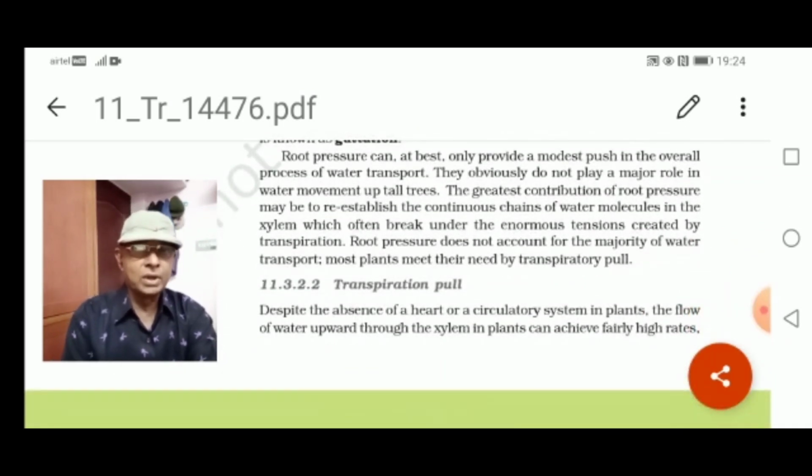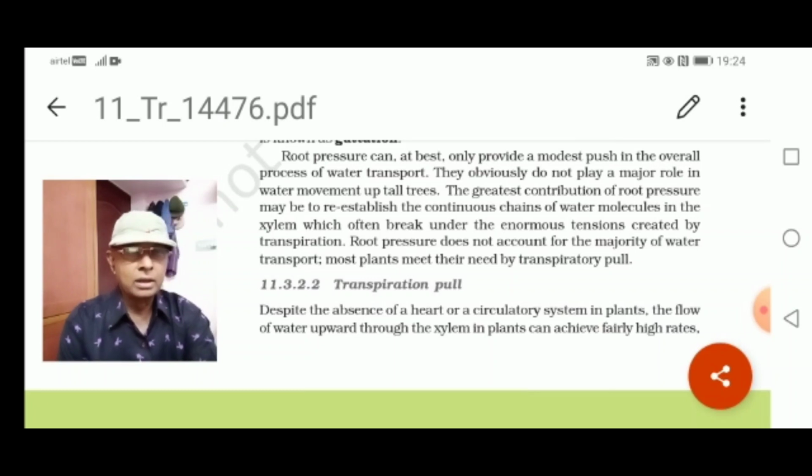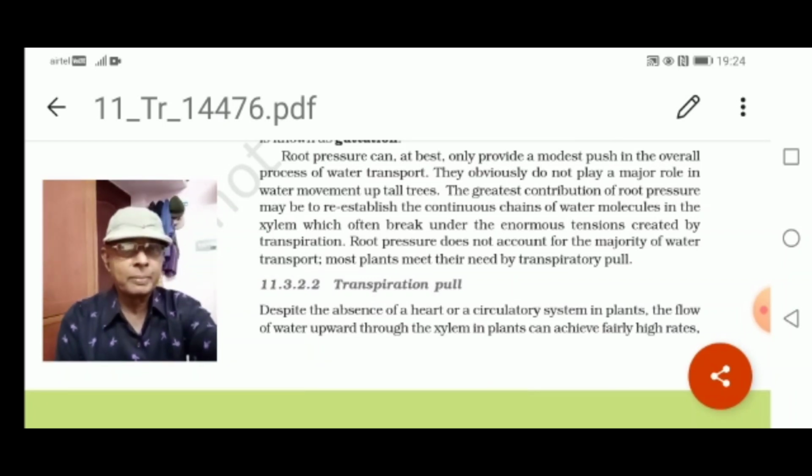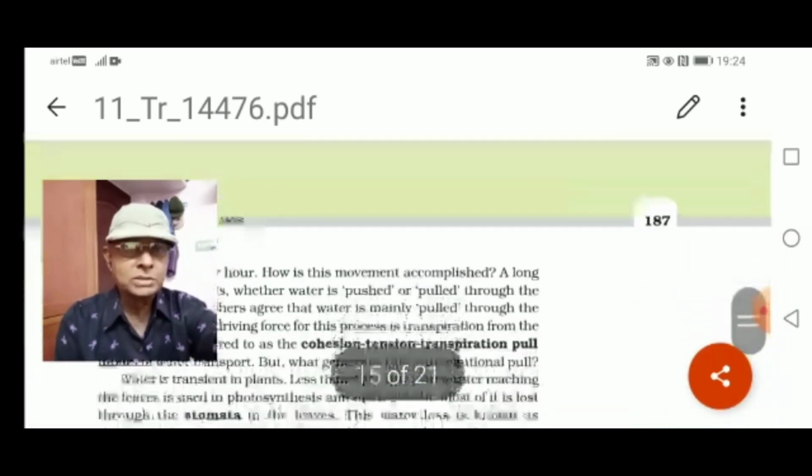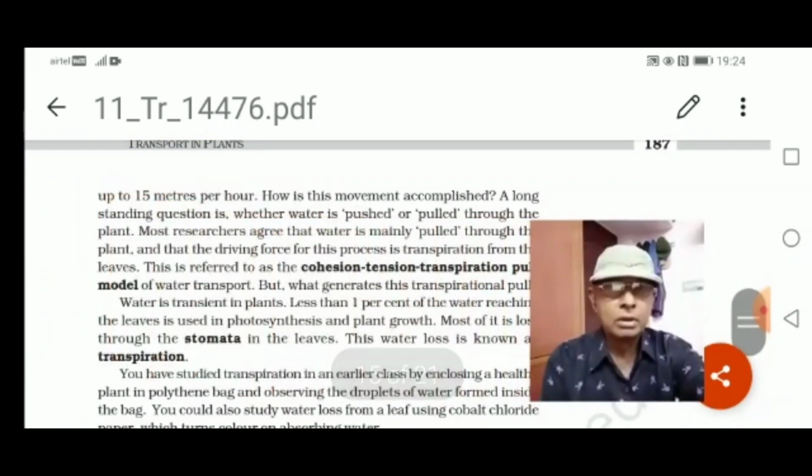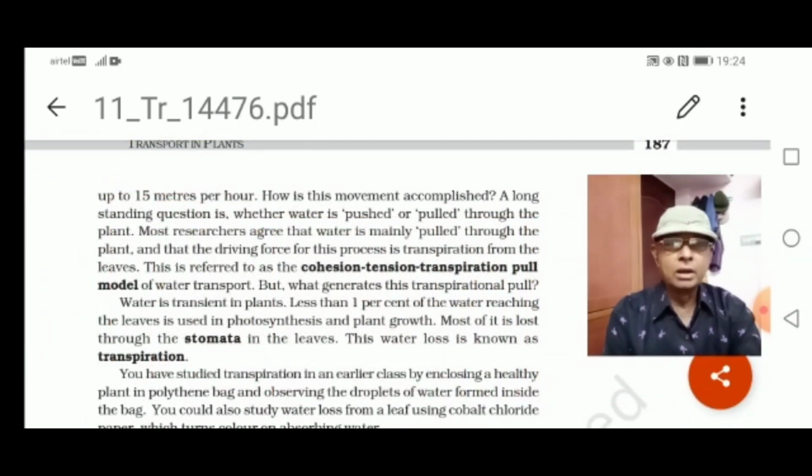In the absence of a heart or circulatory system in plants, the flow of water upward through the xylem can achieve fairly high rates. Transpiration pull is responsible for moving water up to 15 meters per hour. How is this movement accomplished?